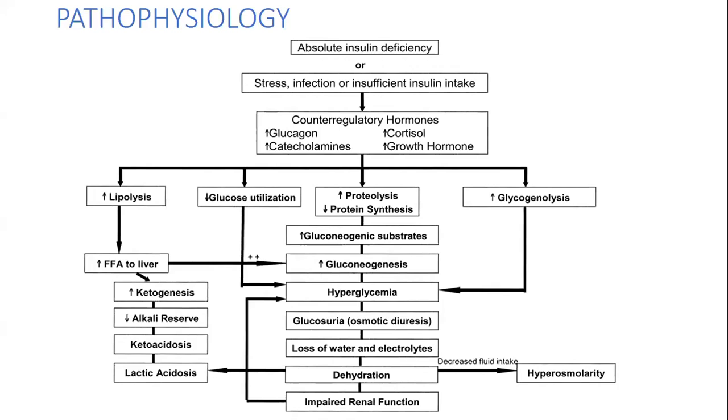And with time, there will be reduced alkali reserve. That's why in DKA we have reduced bicarbonate, less than 18 millimoles per liter. And all this, the breakdown of fats, will cause the ketoacidosis and worsening of the acidosis, thereby lowering the pH.